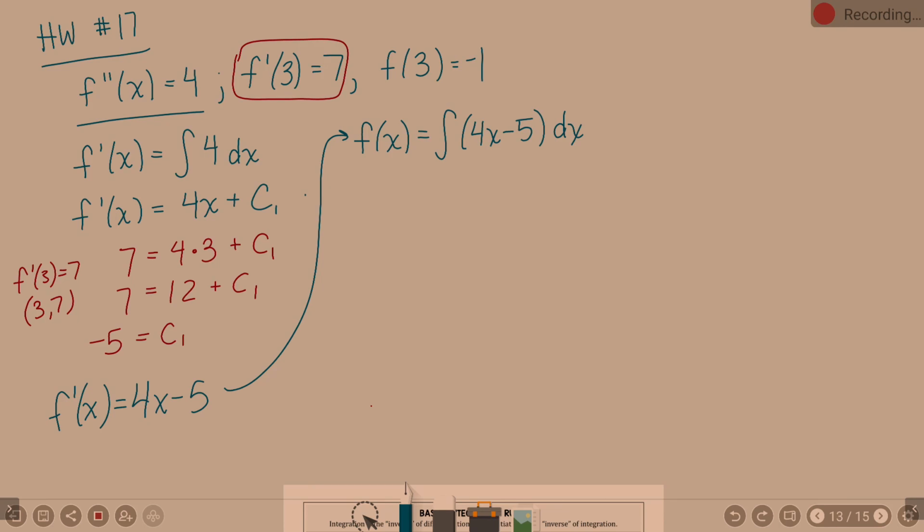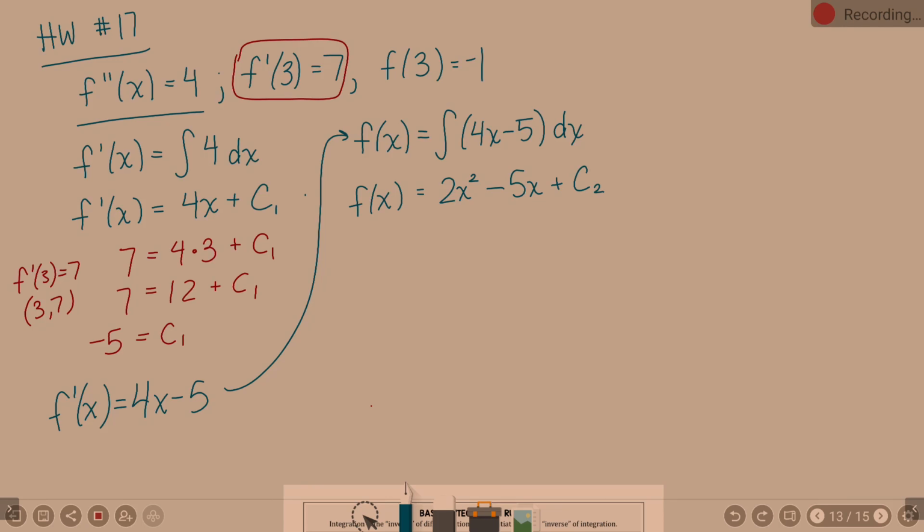So, f of x, what is the antiderivative of 4x? 2x squared minus the antiderivative of 5, which is 5x, plus c. I'm going to call this one C2 because is this the same as the previous C? It's not the same as the previous C. That's the only reason. Honestly, do you really have to say C1 and C2? Not for your personal work.